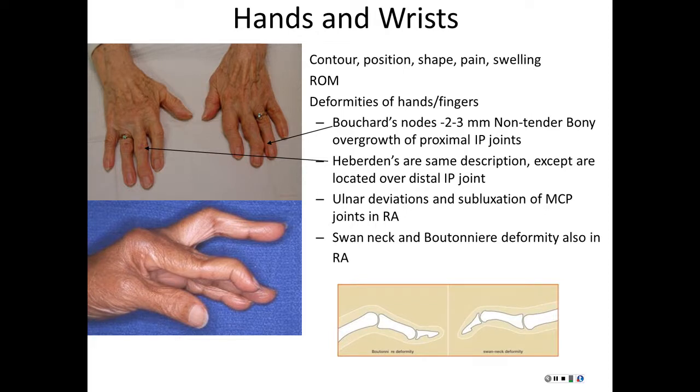And the ulnar deviations and subluxation in the MCP joints are often in rheumatoid arthritis. Bouchard's nodules and Heberden's nodules are more common in osteoarthritis.